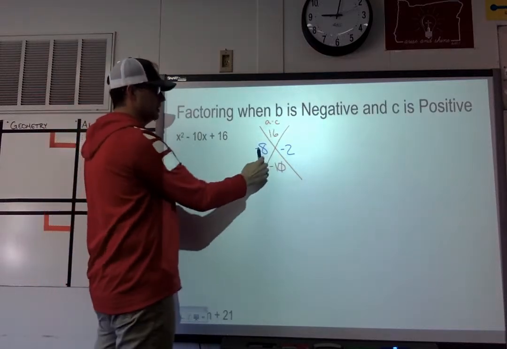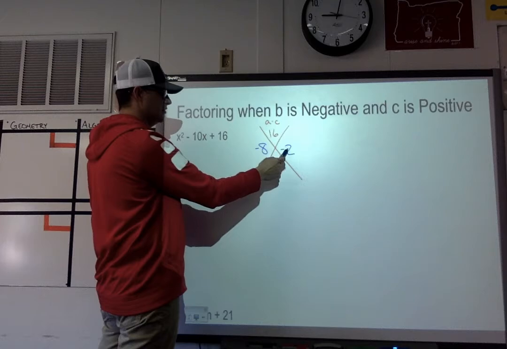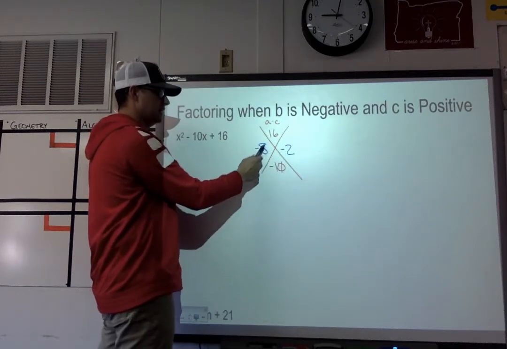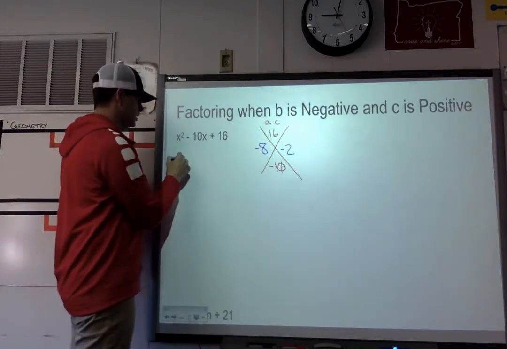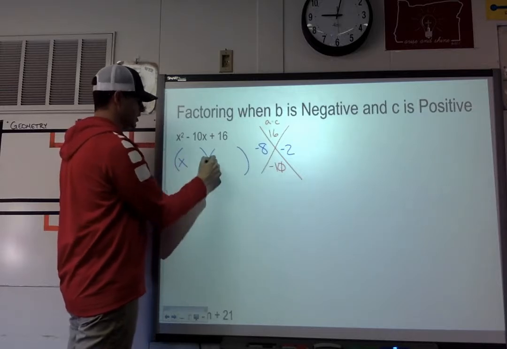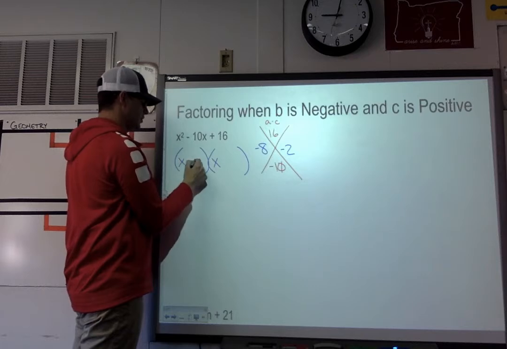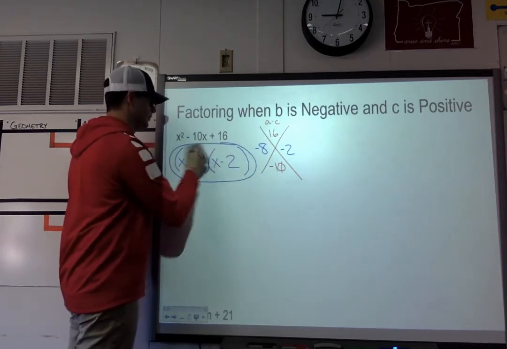Because when we multiply them, two negatives become a positive. When we add them, a negative plus a negative, so -8 plus -2 is like saying -8 minus 2, which would give us -10. So here, our two binomials, just like before, are going to start with our variable. Then since it's -8 and -2, it'll be x minus 8 and x minus 2.